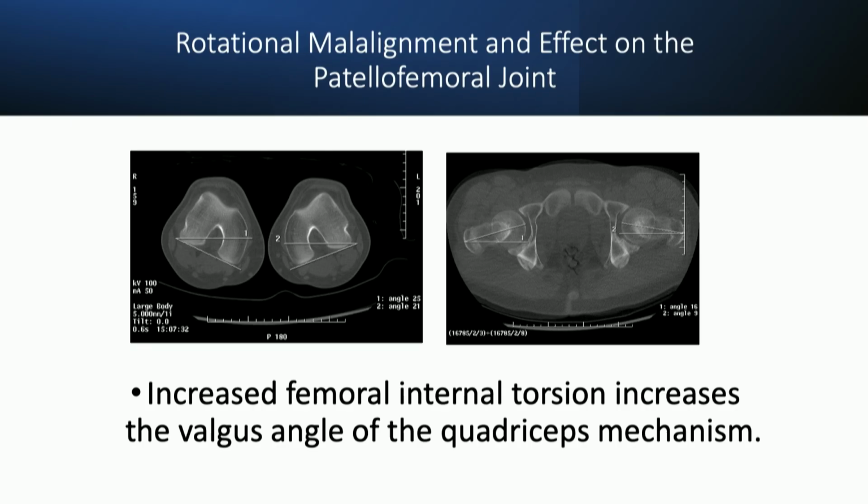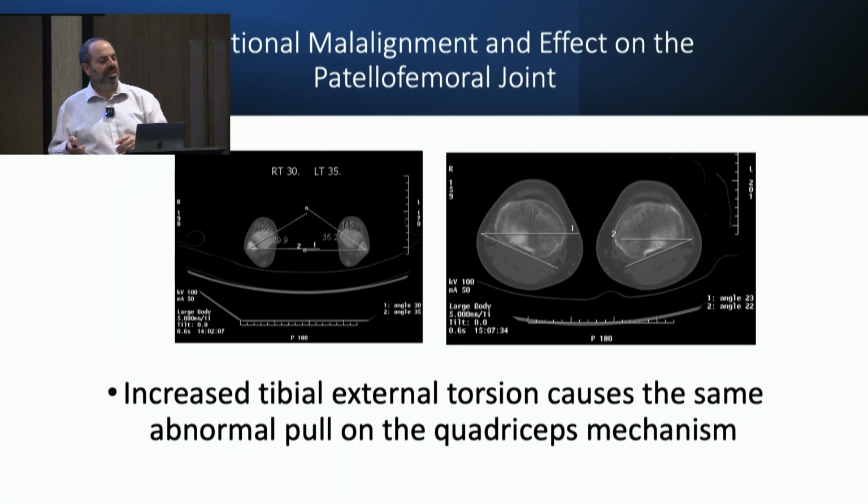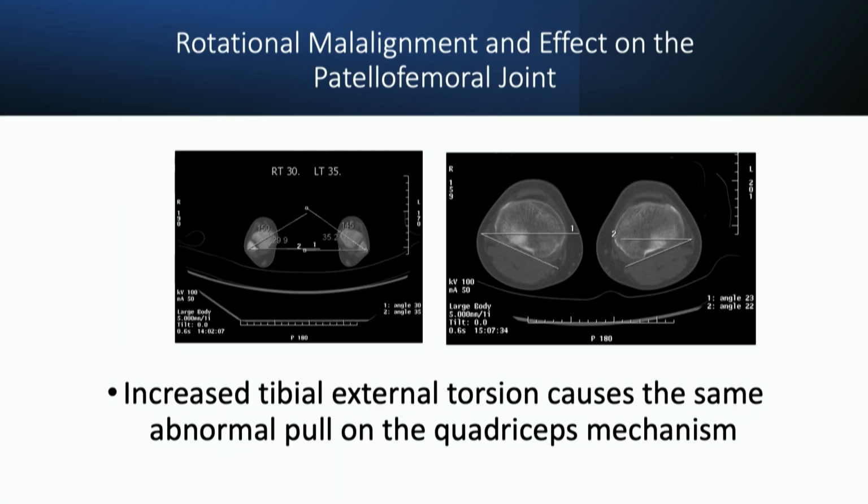So when we talk about the patellofemoral joint, if you have femoral torsion, it increases the valgus angle of your quads. So basically that twist in the femur, particularly when you're walking, will drag over the quads mechanism and affect the patellofemoral joint. And the same is true of external tibial torsion. That will also drag the quads over.